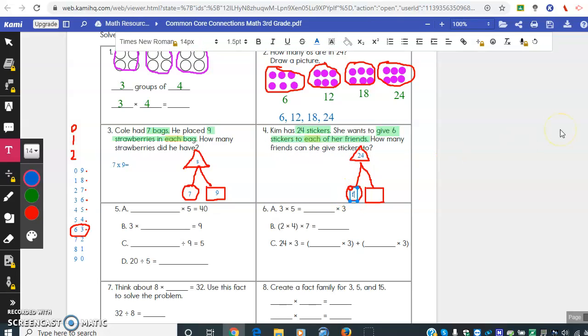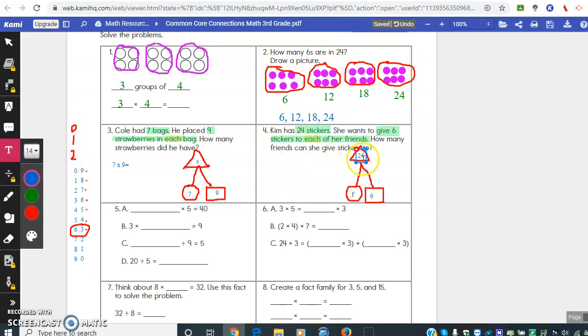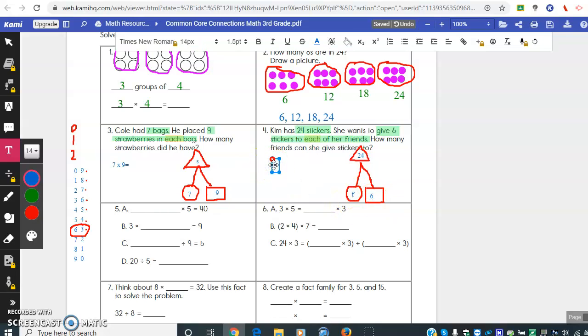So I'm going to put an F there. I don't know how many friends she has, but I know she gives 6 to each friend. So I'm going to put that there. And now I need to set this problem up. 24 is my total. And when you know your total and you're trying to find a missing factor, then we need to divide. So I'm going to set it up.